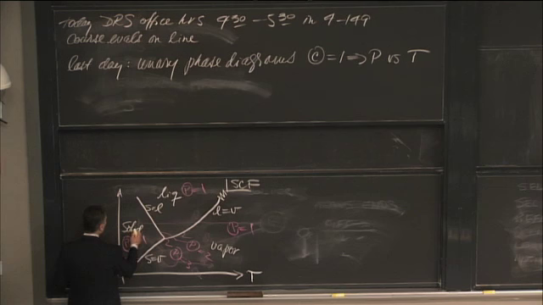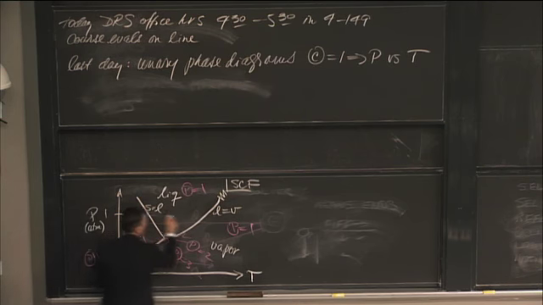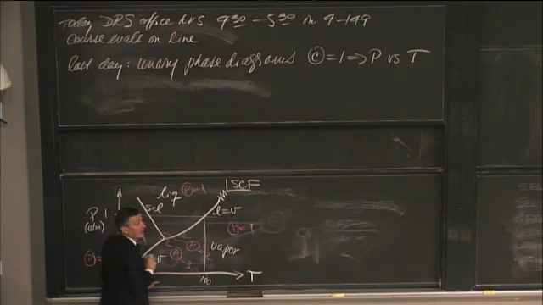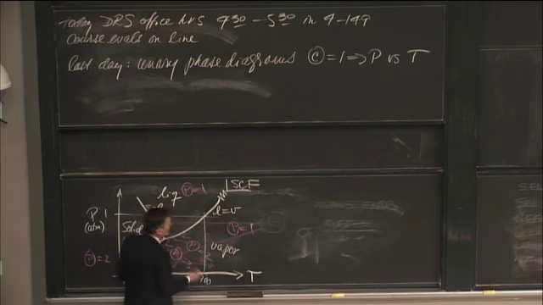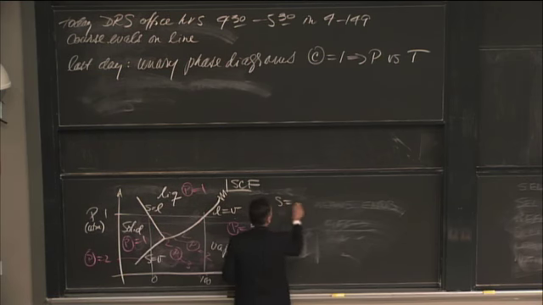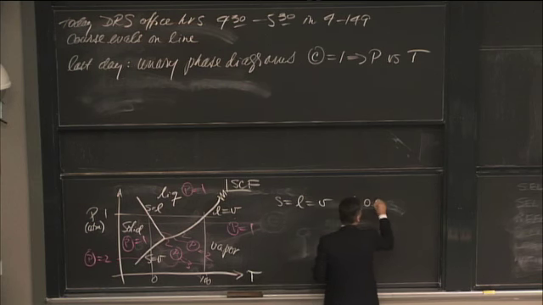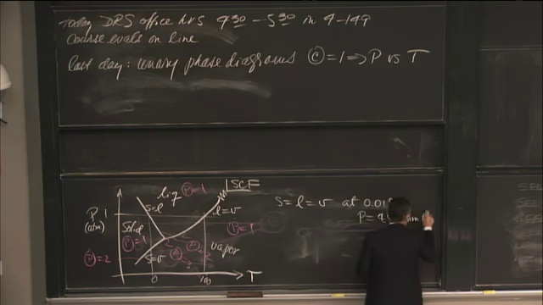We know that for water, if this is pressure in atmospheres, the 1 atmosphere isobar would put this point at 100 degrees Celsius and this point at 0 Celsius. And then we had the triple point, which is solid equals liquid equals vapor at 0.01 degrees C and P equals, I think it was, 4.58 millimeters of mercury.